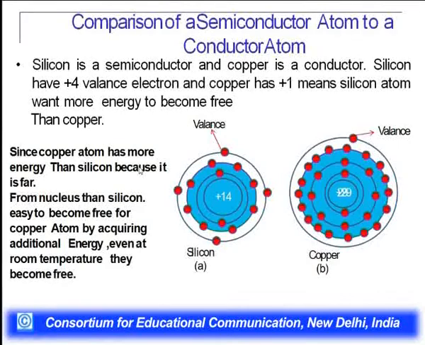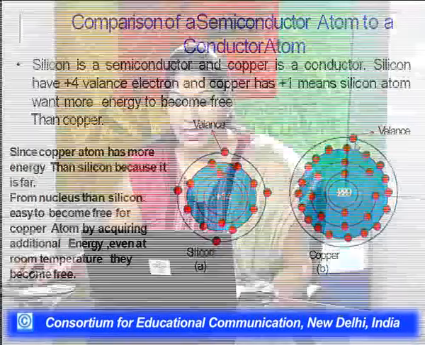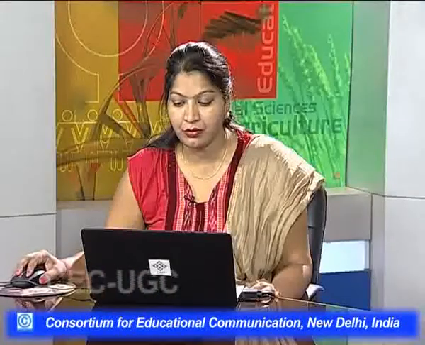Here we see that copper requires less energy because its valence electron is far from the nucleus. In the case of copper, this single electron is very far from the nucleus.